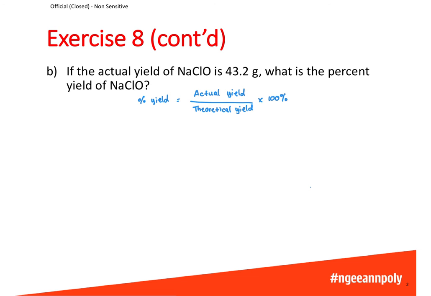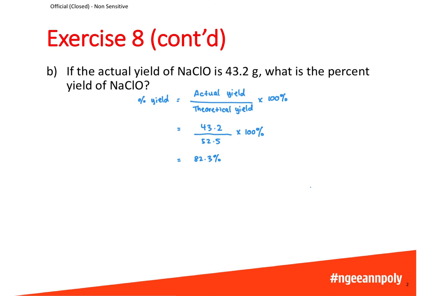Percent yield is actual yield divided by theoretical yield times 100%. So let's just feed the figures in. And you will get the answer 82.3%.